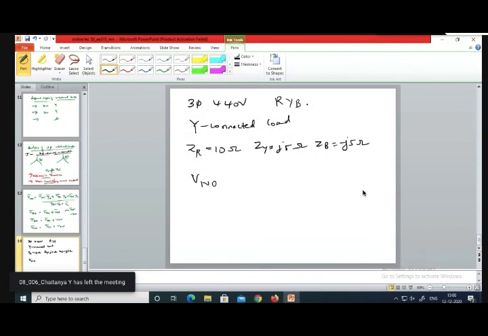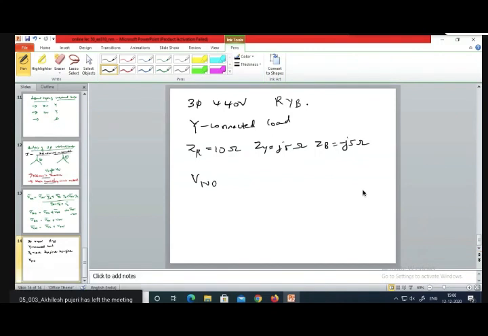ZR is 10 ohms, ZY is j5 ohms, ZB is minus j5 ohms. That means the impedances are unequal. What do you infer? It is an unbalanced star connected load. This is what you have been given.